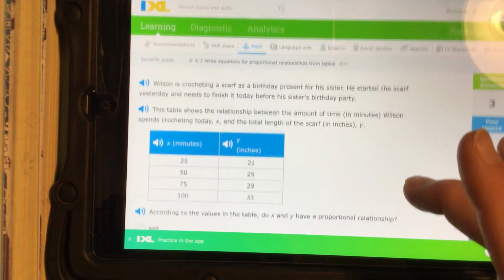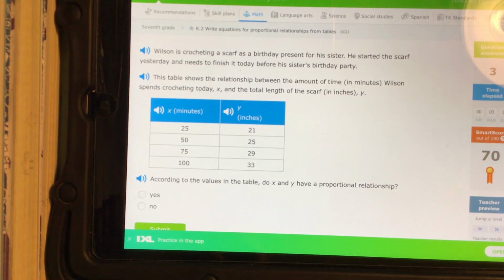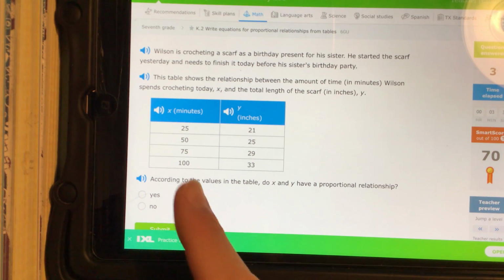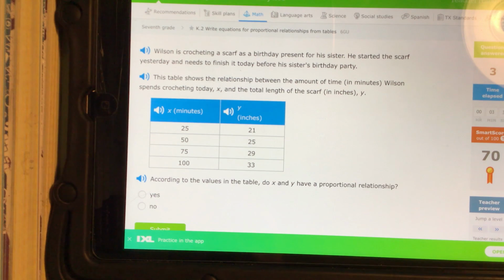Terrific. Okay, do one more because that was a little easy. Is it proportional? 25 turn into 21, 50 turn into 25, 75 turn into 29, and 100 turn into 33.